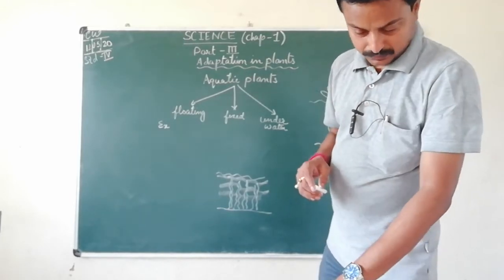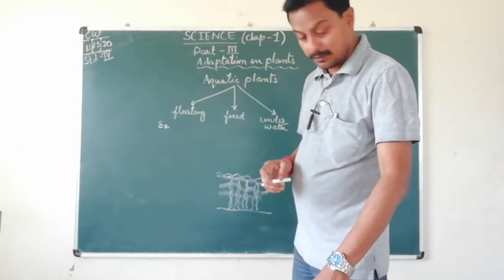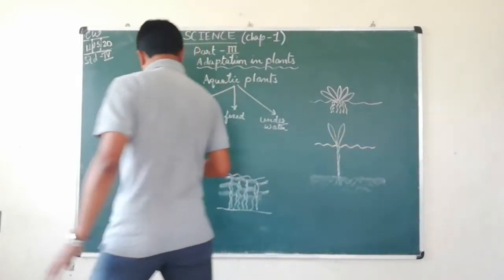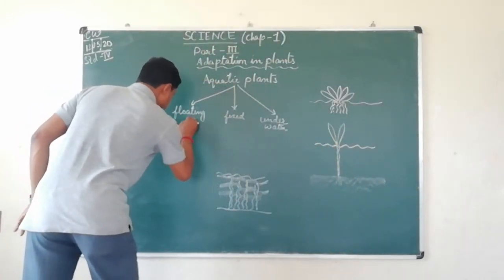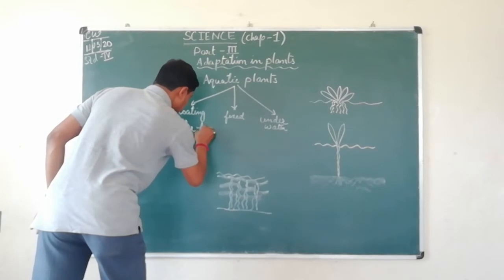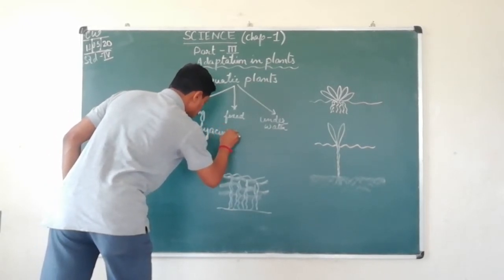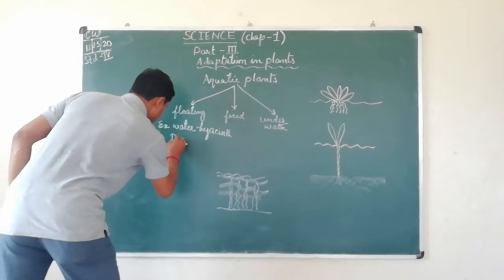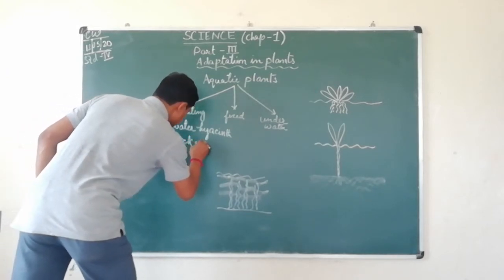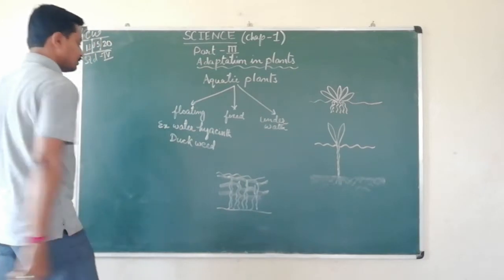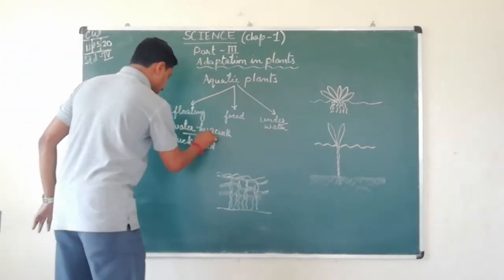So the two examples under floating plants are water hyacinth and duckweed plant.